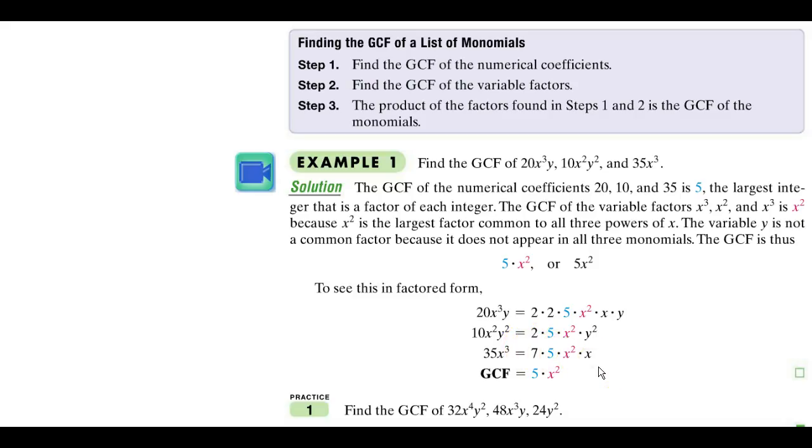Now we look at them and say, what is the common factor in each one of them? Well, we see a 5 here. And in regard to the letters, what we see in each one is x to the second.